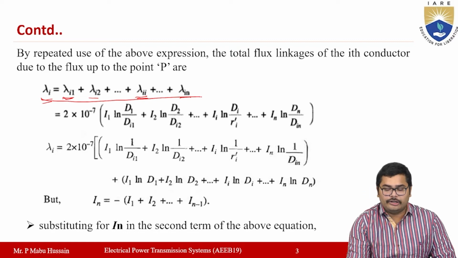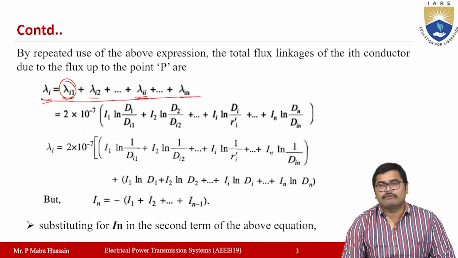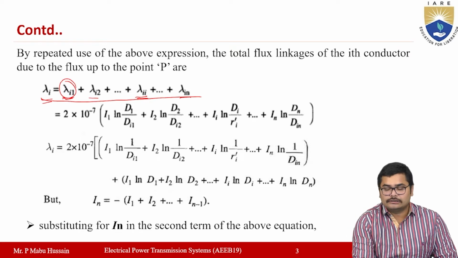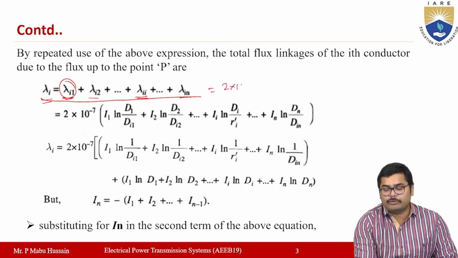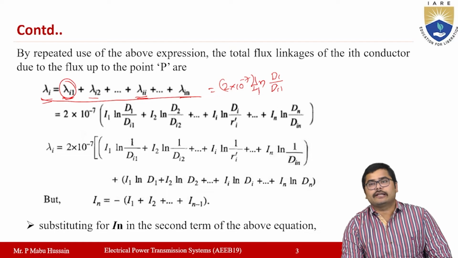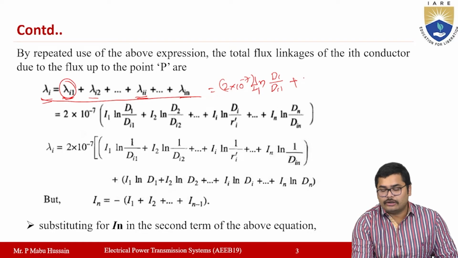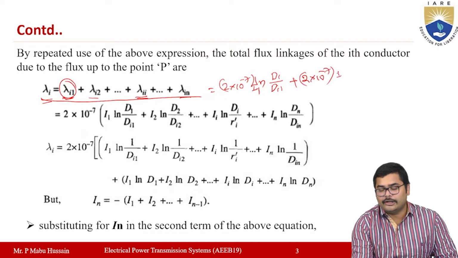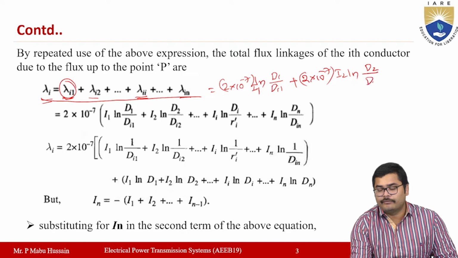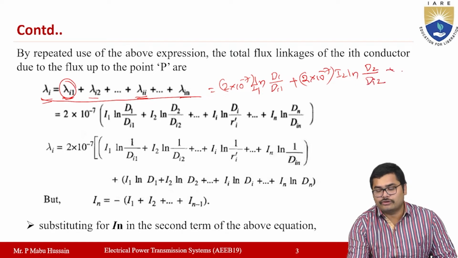Now you already know lambda i1. So what is lambda i1? Lambda i1 is 2 into 10 power minus 7 ln d1 by di1, into I1. Plus 2 into 10 power minus 7 I2 ln d2 by di2, plus so on.